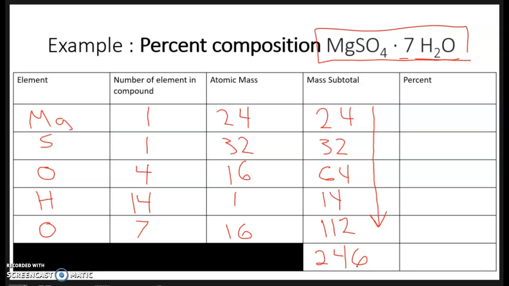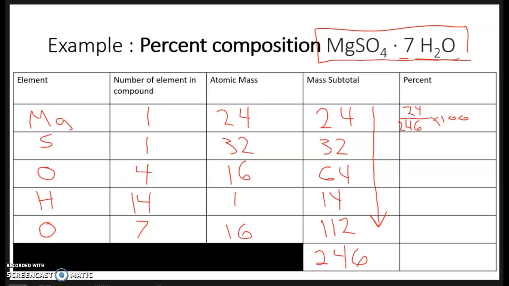Now, the final column, calculating the percent, because this is all about percent composition, this is where you take your subtotal divided by the regular total, okay, total of the whole thing, times 100. Okay, and that's going to give you the percent.